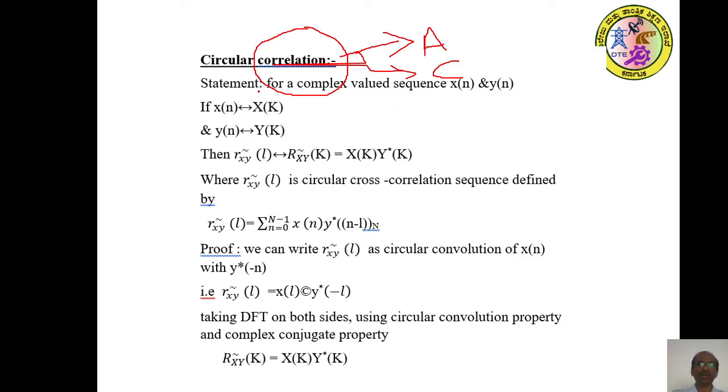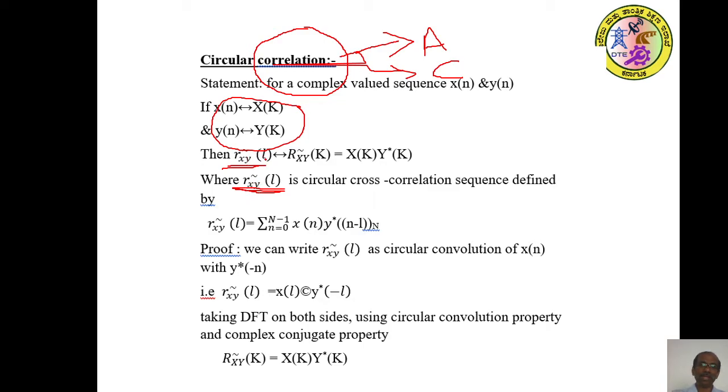Coming to the statement of this particular property, we'll assume that we have two complex valued signals x of n and y of n with the DFTs X of k and Y of k. The correlation is defined by Rxy tilde of L. When you put x and y, there are two signals, so we are performing cross correlation.